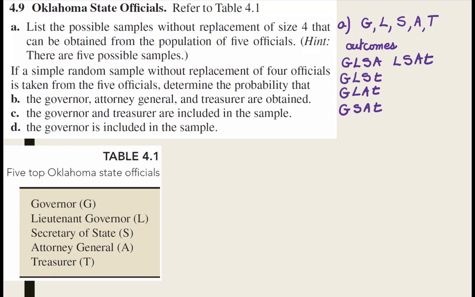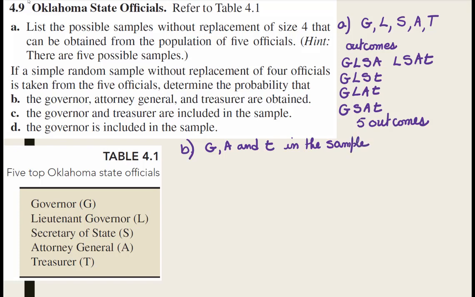Now let's answer the question. We need a governor, an attorney general, and a treasurer. Out of those 5 samples, we're going to look for the ones that contain GAT: governor, attorney general, and treasurer.